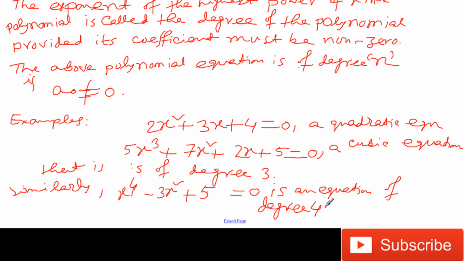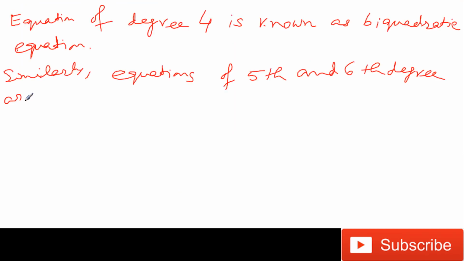Similarly, x to the power 4 minus 3x square plus 5 equal to 0 is an equation of degree 4.